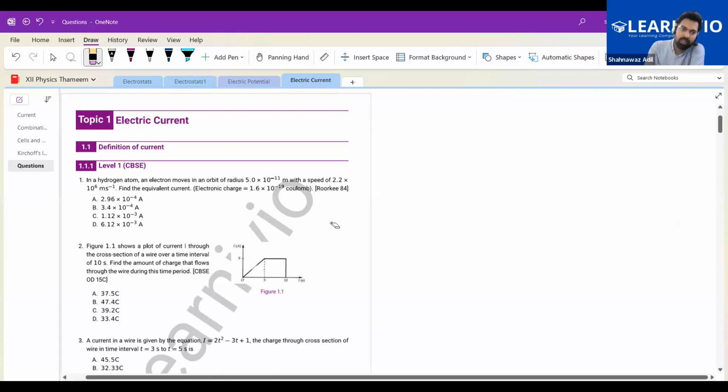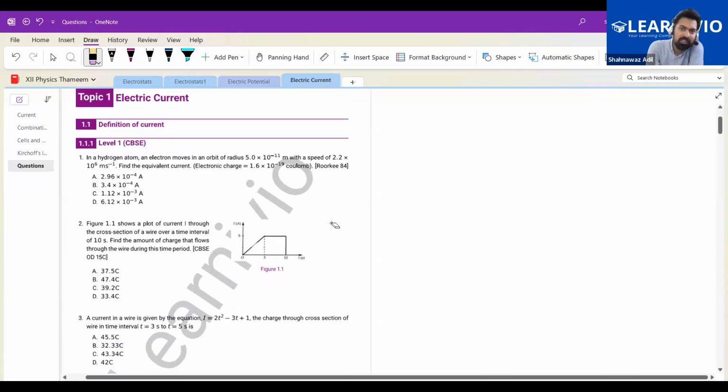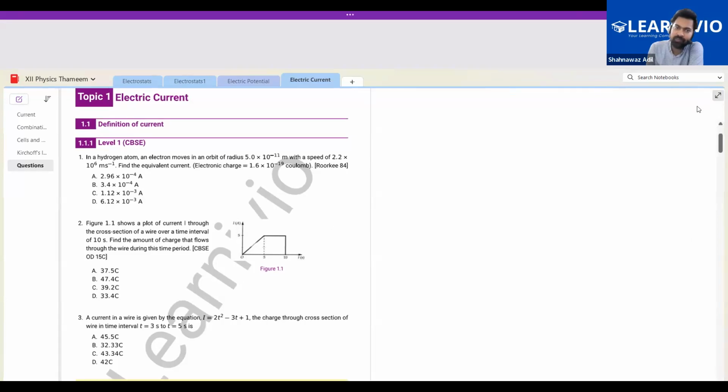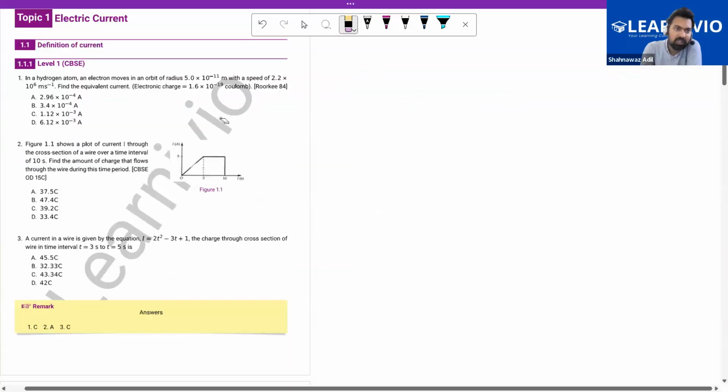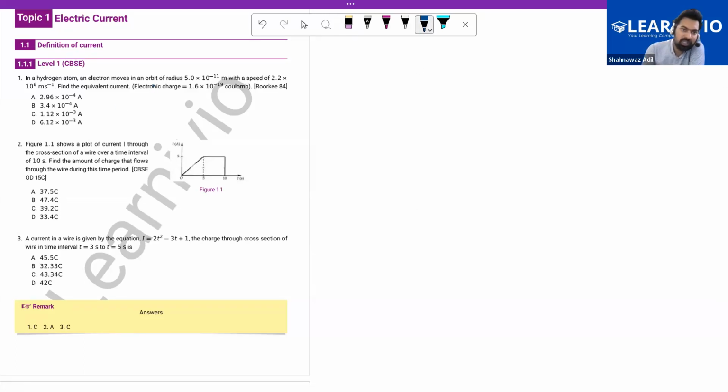Okay, so the first question is: in a hydrogen atom, an electron moves in an orbit of radius this many meters with a speed of this many meters per second. Find the equivalent current.